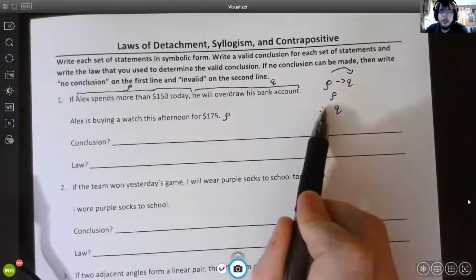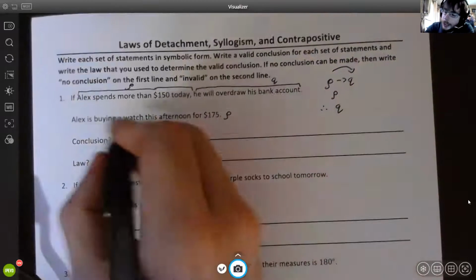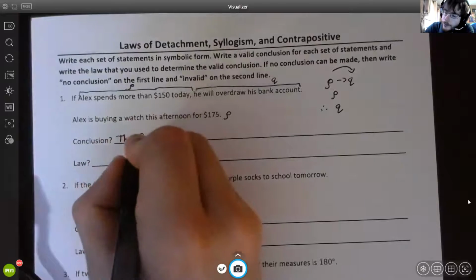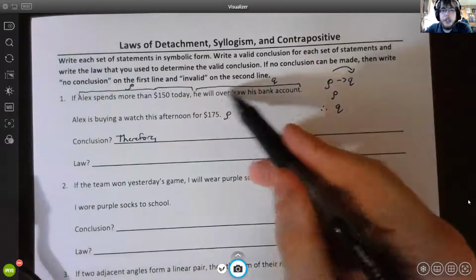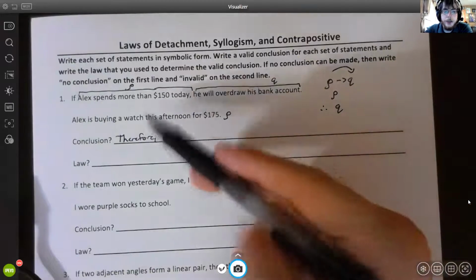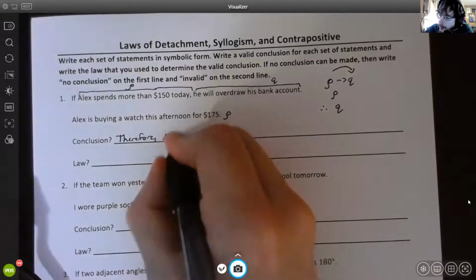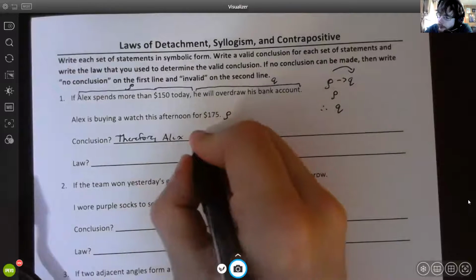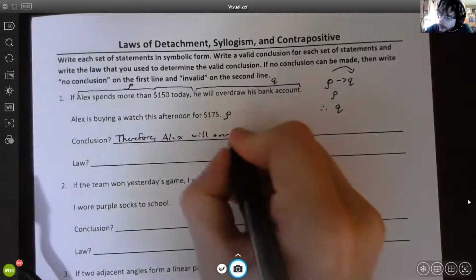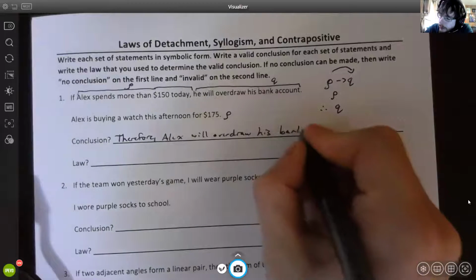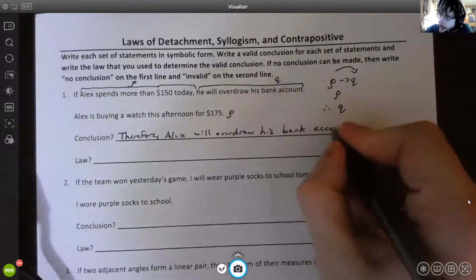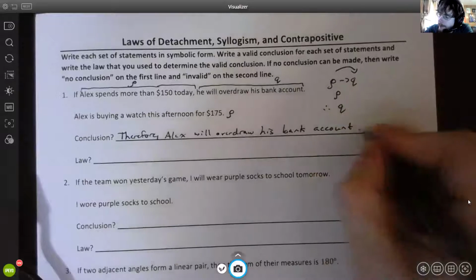So this symbol, the three dots in a triangle, means therefore. And then Q, we said, is he will overdraw his bank account. So therefore, Alex will overdraw his bank account. And as we said, this would be the law of detachment.